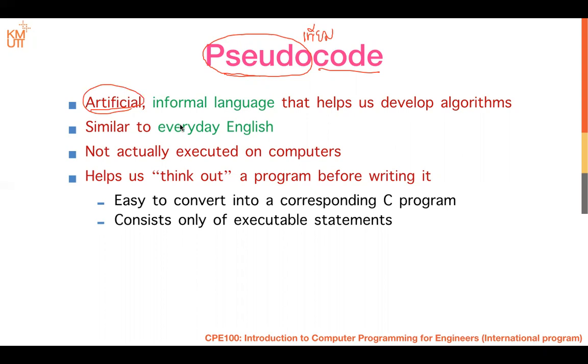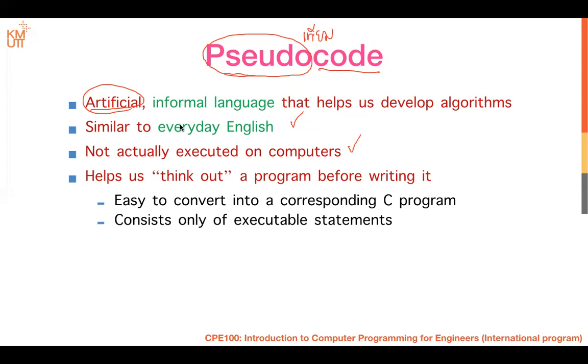So it is similar to everyday English, right? And it is not exactly executed on a computer. It cannot be executed on computers. Only us, human beings, can understand what we call pseudocode. Pseudocode can be written in any kind of language, but you have to know and understand what is going on in that code, right?